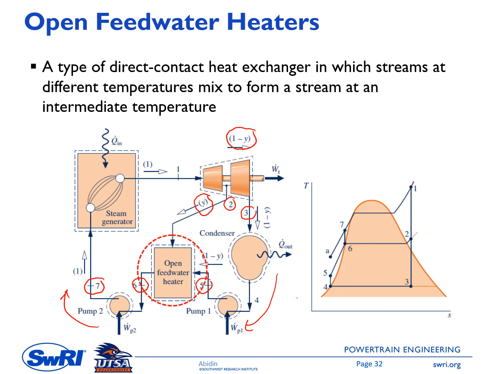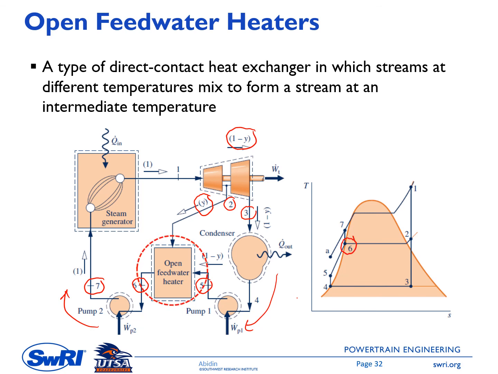Okay, first, the amount of the extracted mass here at state 2, as well as the amount of mass flow at point 5 here, is in such a way that at the exit of the feed water heater, the condition at point 6 is saturated liquid.